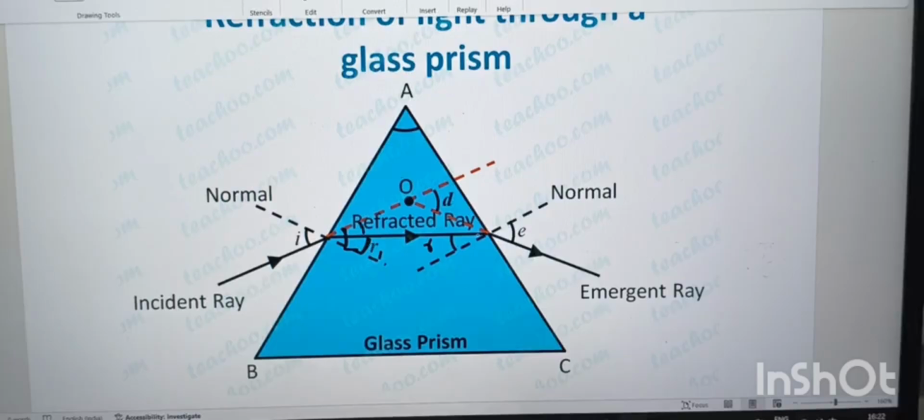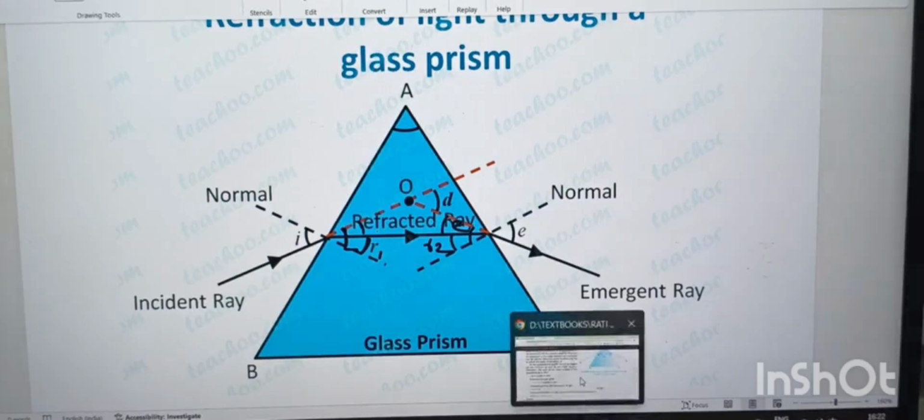If this would have just passed in this way without getting deviated, this entire angle will be E, vertically opposite angles. But R2, if you subtract from the entire angle, I'll get this angle. If I add these both, I'll get this deviation.